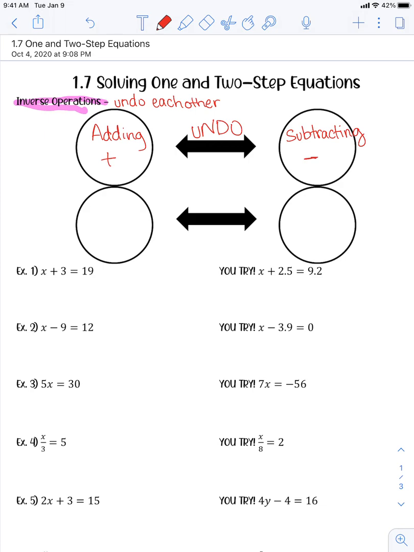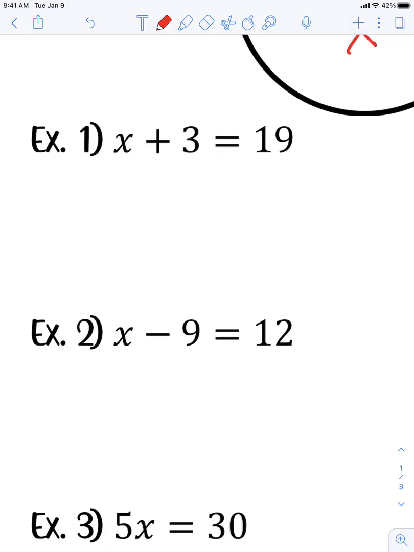If we are multiplying, its inverse operation is dividing. Again, they undo each other. They're opposites, undo.